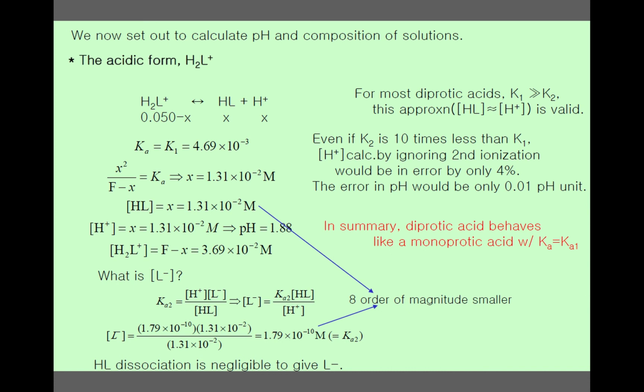Now we are ready to set out to calculate pH and composition of solutions. As usual, let's start from this acidic form, H2L plus. This is fully protonated, but don't think that a fully protonated amino acid only takes a plus one charge.